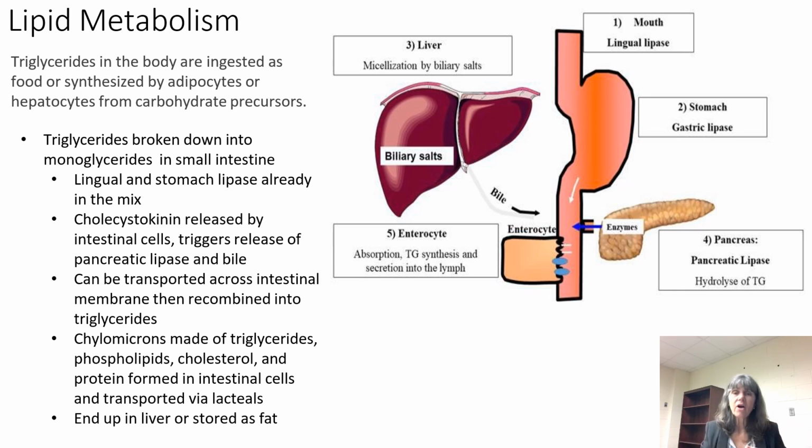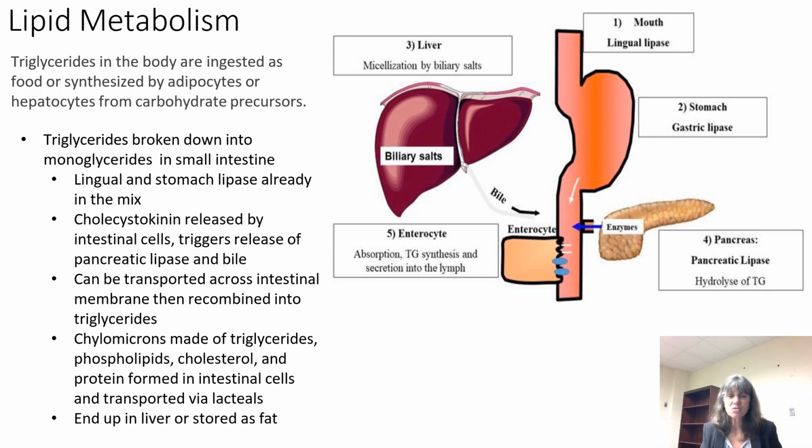The gallbladder and the liver contribute biliary salts through bile, which helps to break down and emulsify those triglycerides. We also have the pancreas with its pancreatic lipase that's going to contribute to break down the triglycerides so that they can be absorbed, because we can absorb monoglycerides, which are the parts of triglycerides.